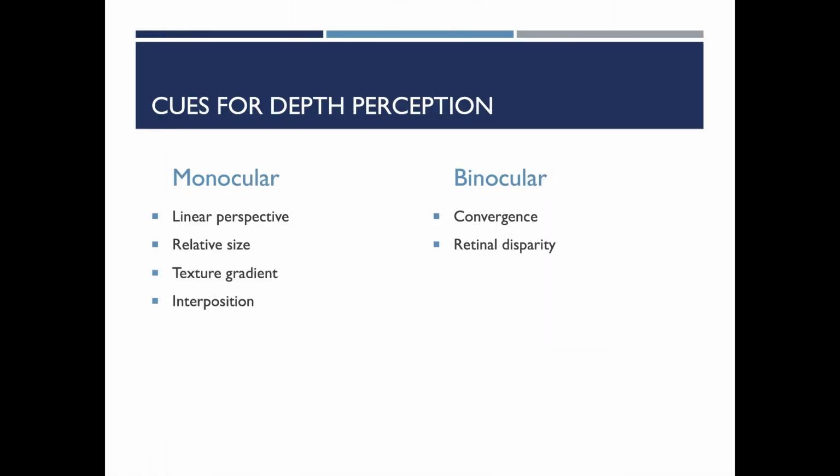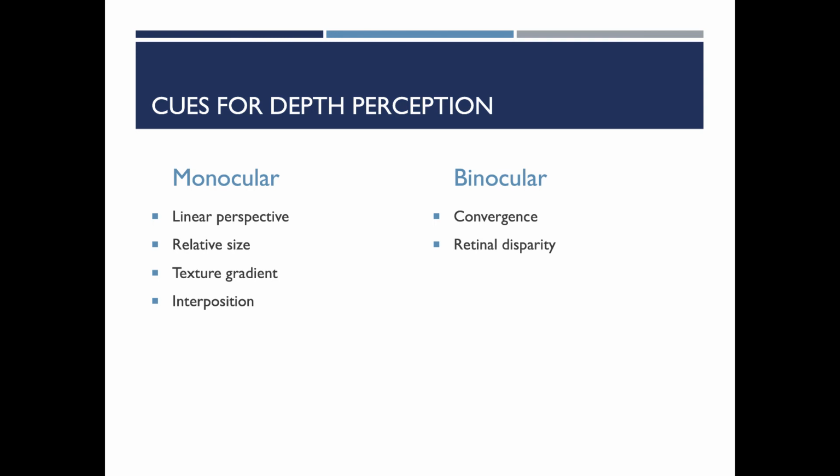So there's two ways in which we can tell whether something is near or far from us. One of those ways is using what are called monocular cues, and the other way is using binocular cues. Now, mono obviously means one, and bi means two, so ocular is in reference to vision. So using one eye or using two eyes.